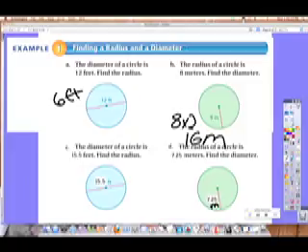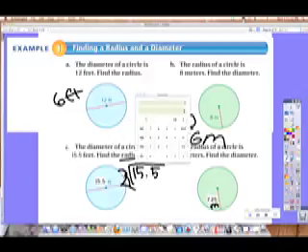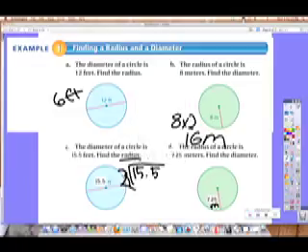So I divided 15.5 by 2. And I got 7.75. Nice. It's 7.75 miles.